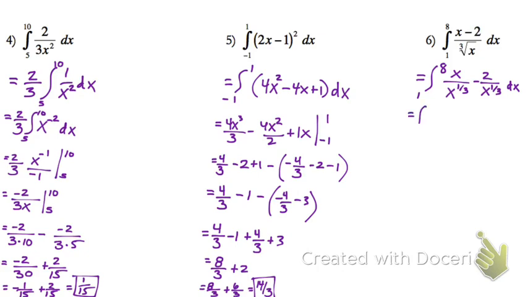If I rewrite this again, I have the integral from 1 to 8 of, if I subtract these exponents, that will be x to the first over x to the 1/3. 1 minus 1/3 is 2/3, so that's x to the 2/3 minus 2, and then I'm just going to bring that x to the -1/3 up to the top.